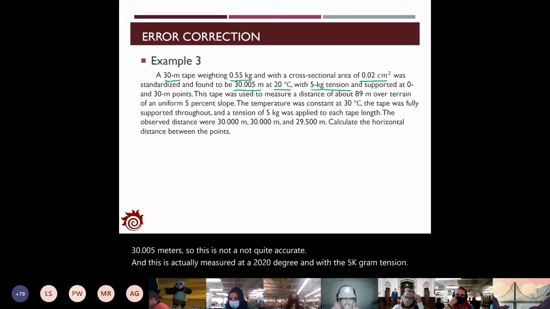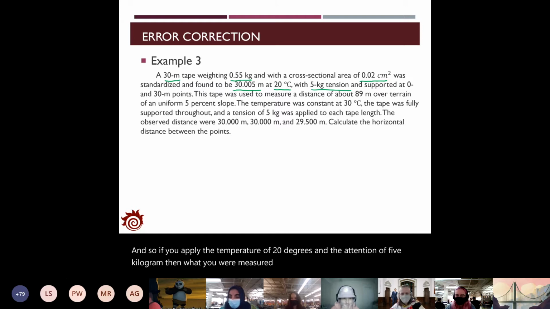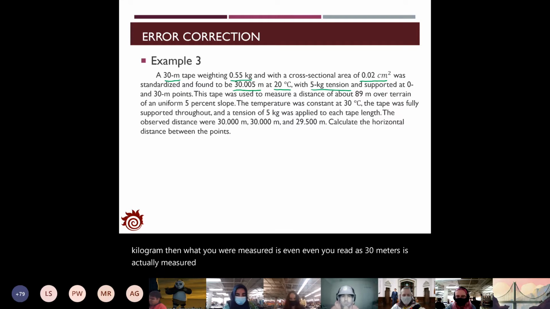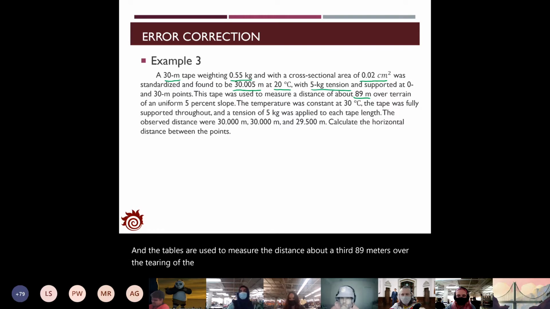And so if you apply the temperature of 20 degrees and the tension of 5 kilogram, then even if you read it as 30 meters, it's actually measured as 30.005 meters. And the tape was used to measure the distance about 89 meters over the terrain of the uniform 5% slope.